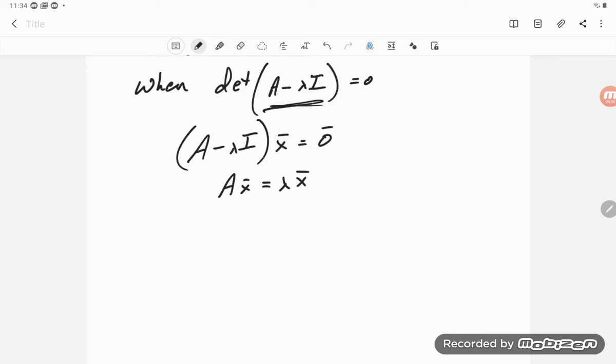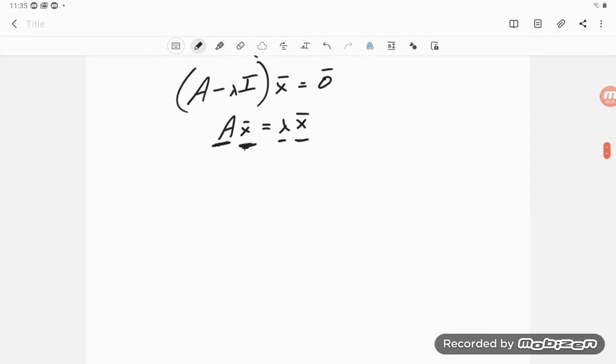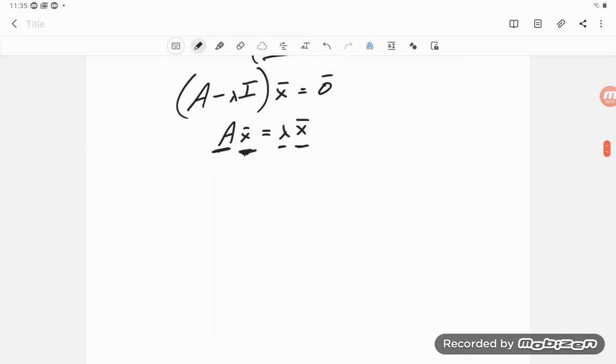So you see, it's asking what vectors would be affected by a matrix multiplication of A, similarly to just multiplying that same vector by a constant. Interesting question. So that ends up being a very important application of this.